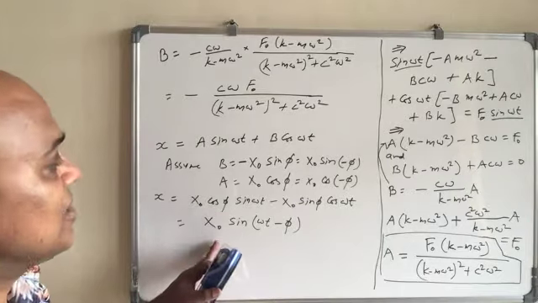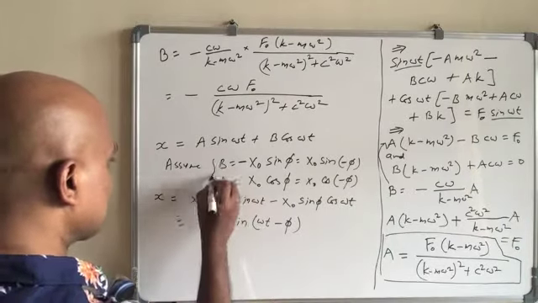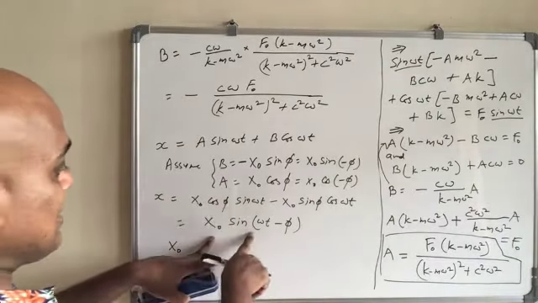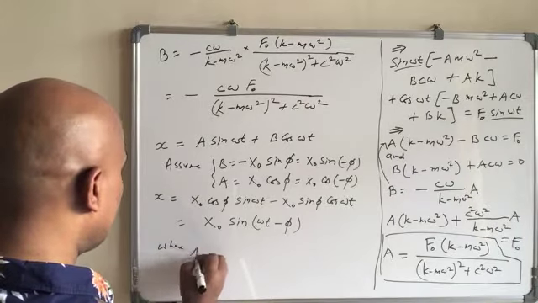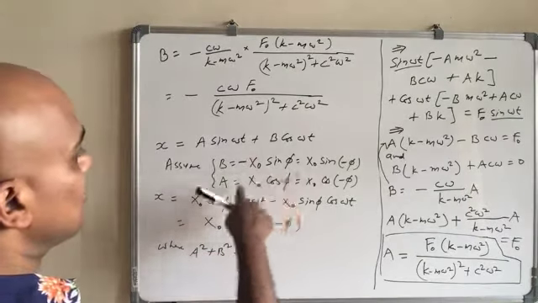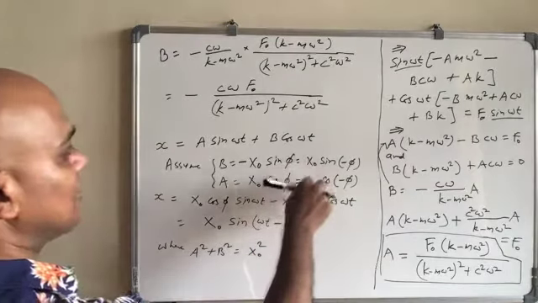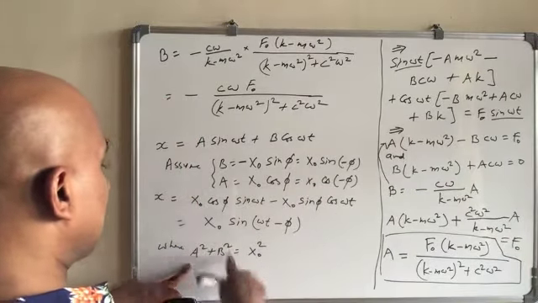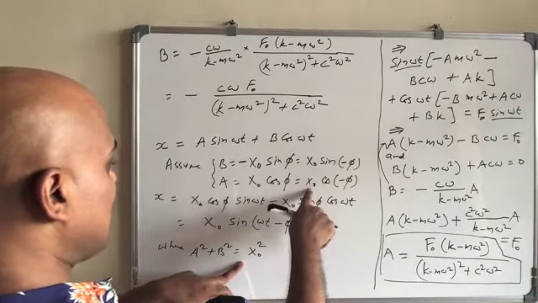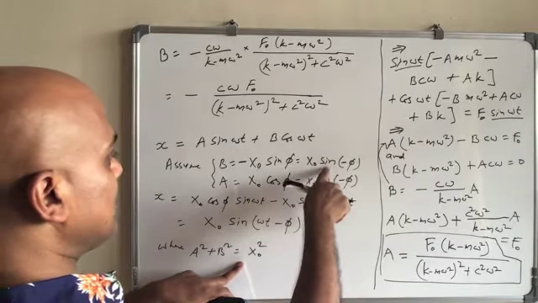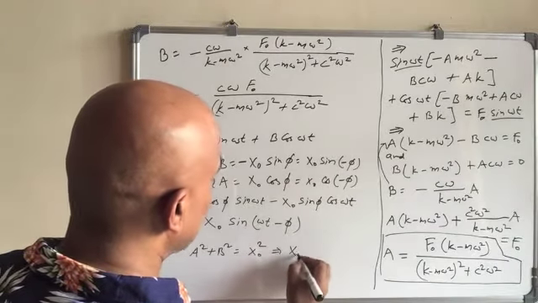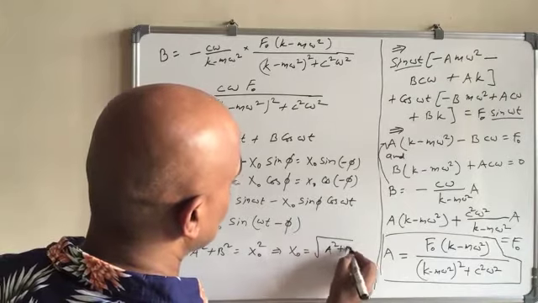So what is the value of x naught? In order to find x naught, we take a square plus b square, which is equal to x naught square times sine square phi plus cos square phi, so automatically x naught square only remains. So we get x naught equal to root of a square plus b square.